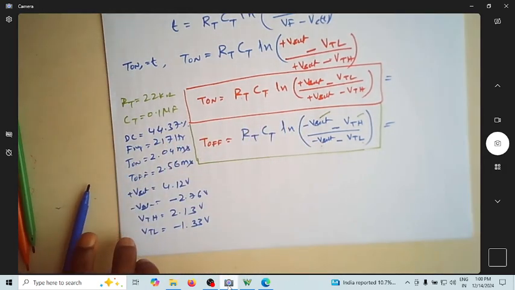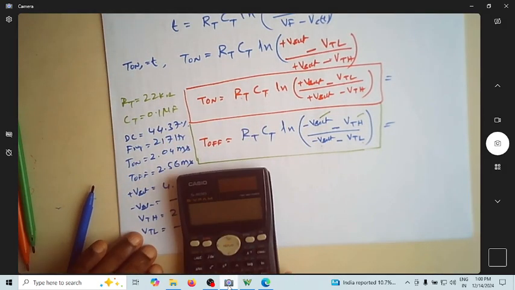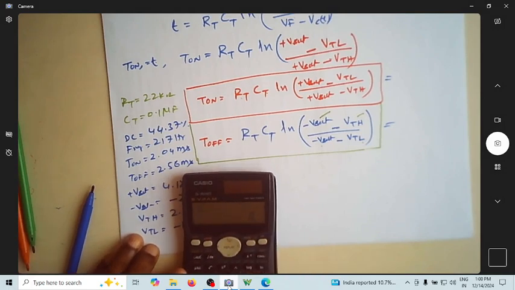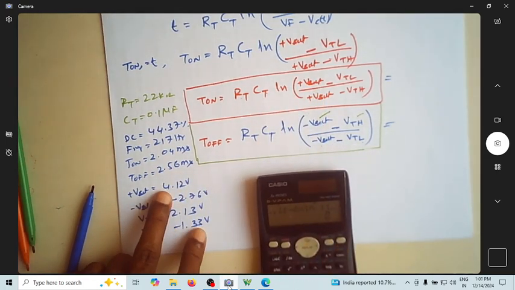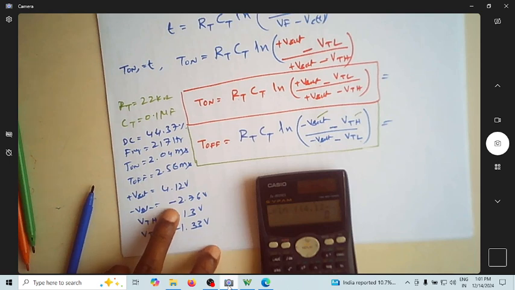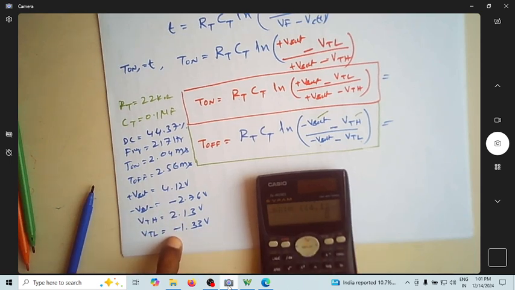So RT is 22 exponential 3 into 0.1 exponential minus 6 into ln of, open the parenthesis, plus Vsat minus VTL. So it is 4.12 minus of minus 1.33, which becomes plus 1.33, divided by plus Vsat 4.12 minus VTH, 2.13.